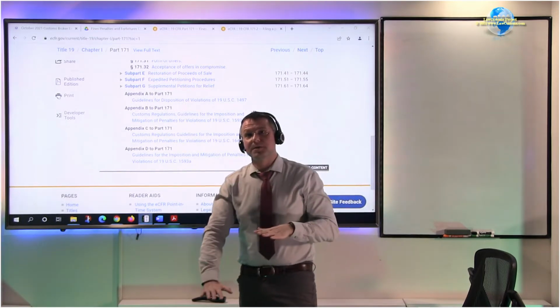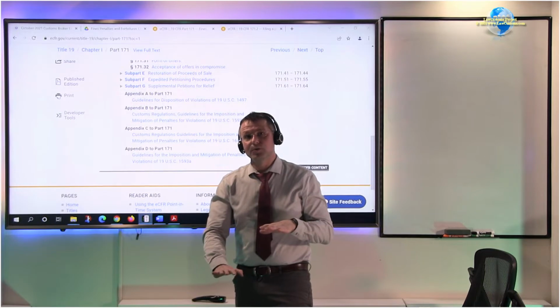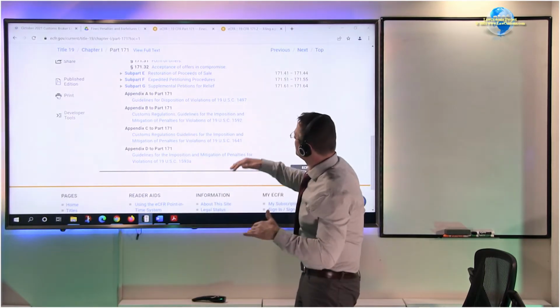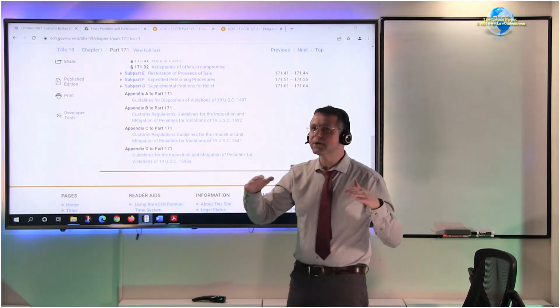At the bottom is a technical manual called ACE Business Rules, which is part of the Customs License Broker exam. So this is a little bit higher above, and it talks about a lot of legalese.